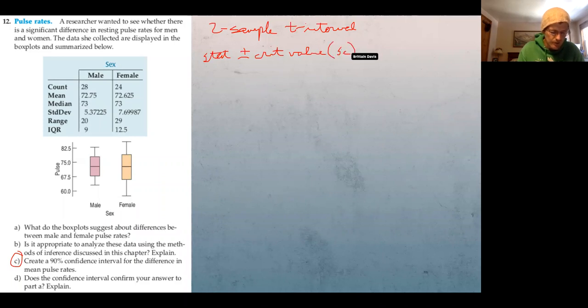More specifically for this problem, it's going to be x bar sub 1 minus x bar sub 2 as the stat, plus or minus the critical value, which is t star, and our standard error is going to be the square root of s sub 1 squared over n sub 1, so it's the variance of our first sample, plus the variance of our second, which looks like this.